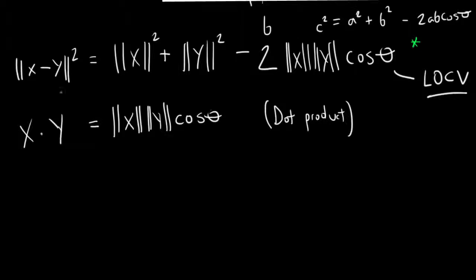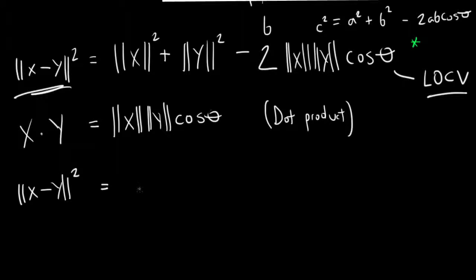Let's start off with the norm of x minus y, squared. How would I go from one to another? Let's think back to what exactly this is. We're essentially multiplying x minus y of the vectors squared, right?